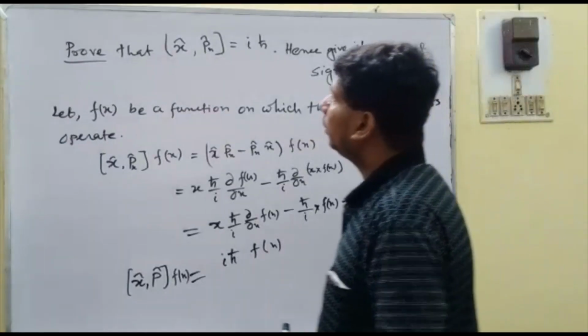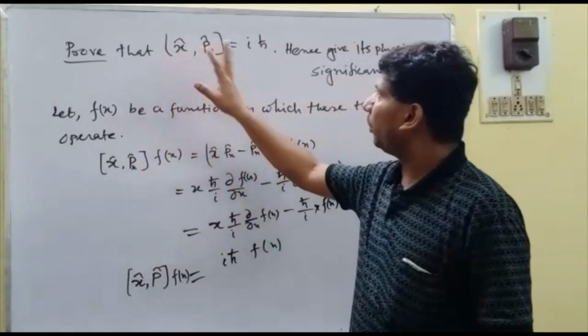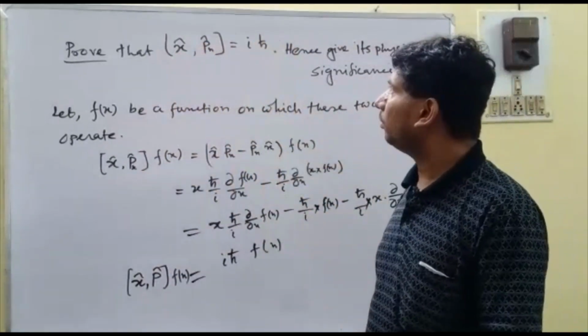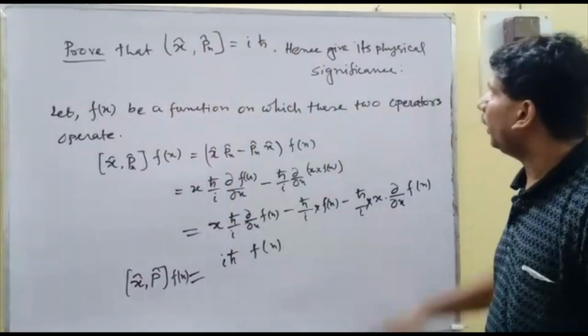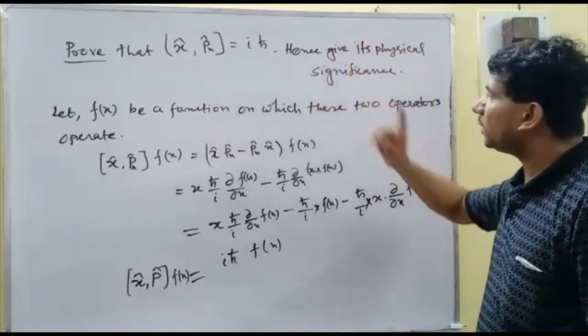Now prove that x p_x minus p_x x equals i a squared, and hence give its physical significance.